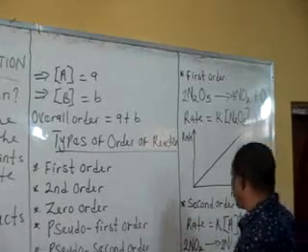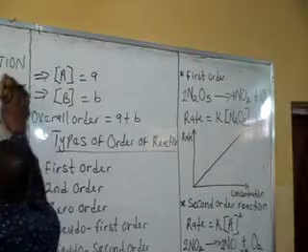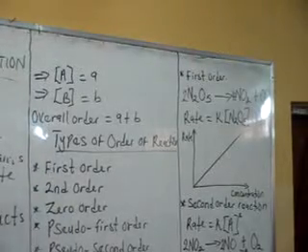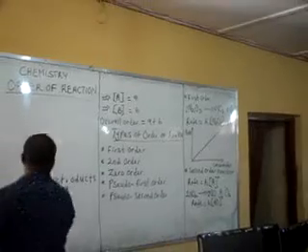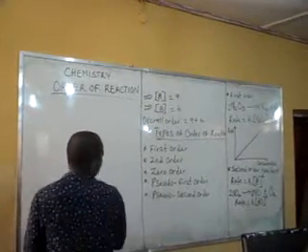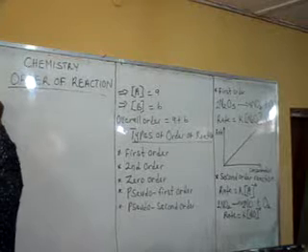So what I have here is a second order reaction, and then the graph from there will be something of this nature, rate against pressure.